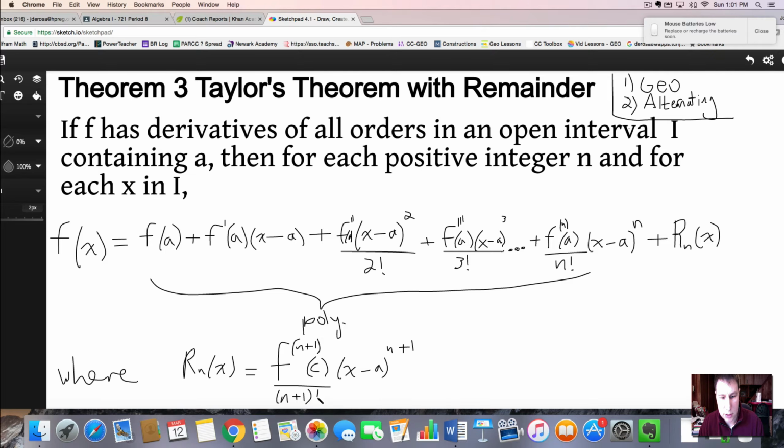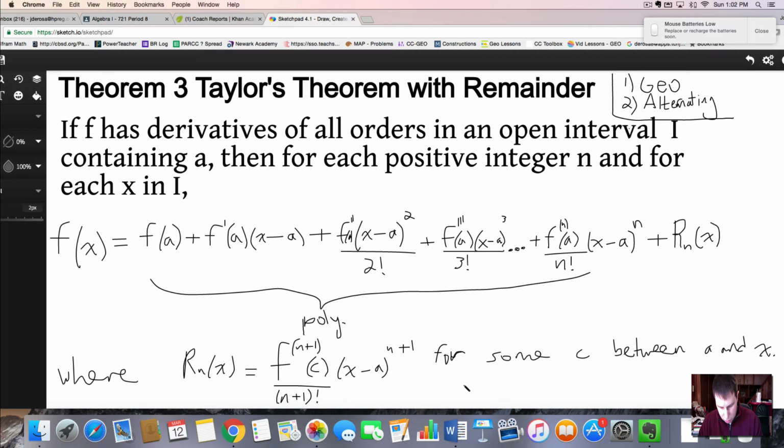They all have to match here. So the remainder term is equal to the next term evaluated at some c with the appropriate x minus a power as well as the appropriate factorial that matches that term. We can also say something about this c: for some c between a and x. And that is the theorem.